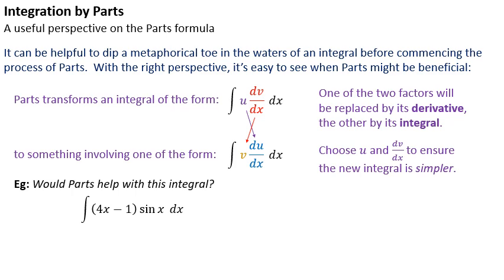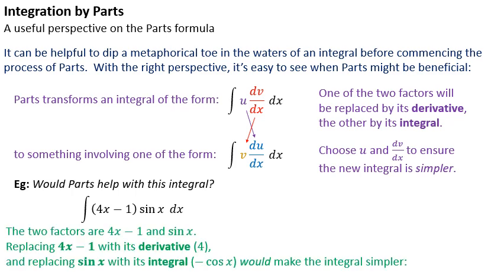Would you rather be dealing with an integral that has 4 times something involving cos x, or an integral that involves 2x squared minus x multiplied by something like cos x? I know which one I prefer. So in this case, it makes sense to replace 4x minus 1 with a 4 and to replace sine x with minus cos x.